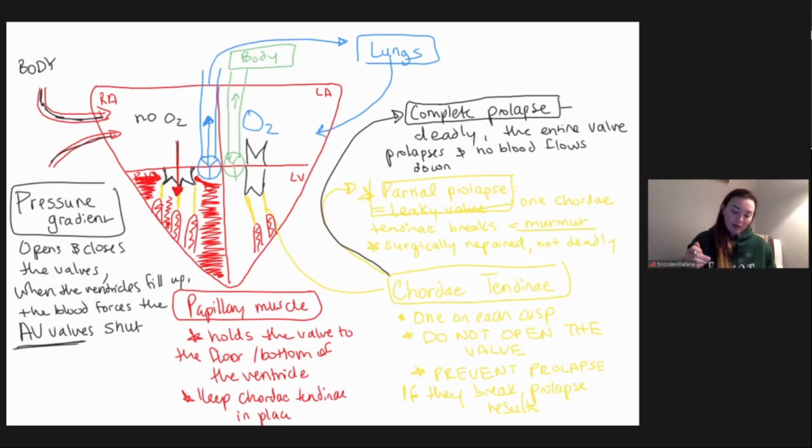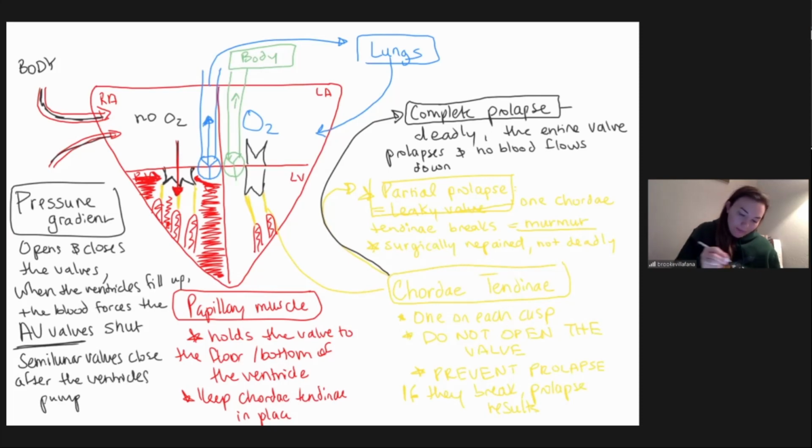As for the semilunar valves, they will also close after the ventricles pump. So basically, we picture these semilunar valves. They get blood coming up here, on its way out, coming up here, on its way out.